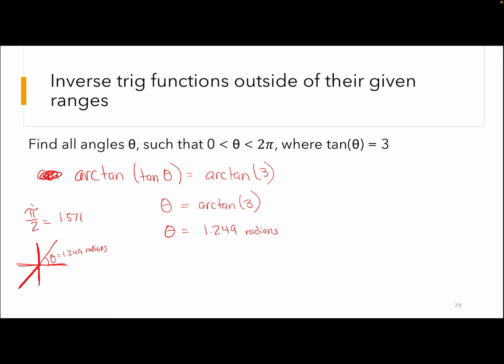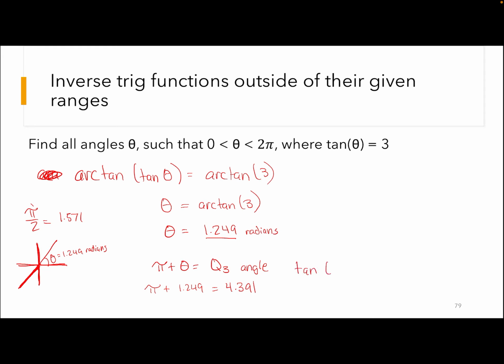To find the other angle, we're going to be in quadrant 3. So to get that quadrant 3 angle, we want to do pi plus theta. Since theta is 1.249, we're just going to do pi plus 1.249, which is 4.391.